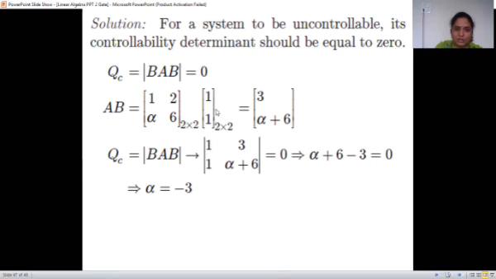And B is 1, 1. So writing 1, 1 and this together, that is [B AB]. Determinant of [B AB] is 0. That gives alpha plus 6 minus 3, that is alpha plus 3 is 0, so alpha is equal to minus 3. This will be the solution.